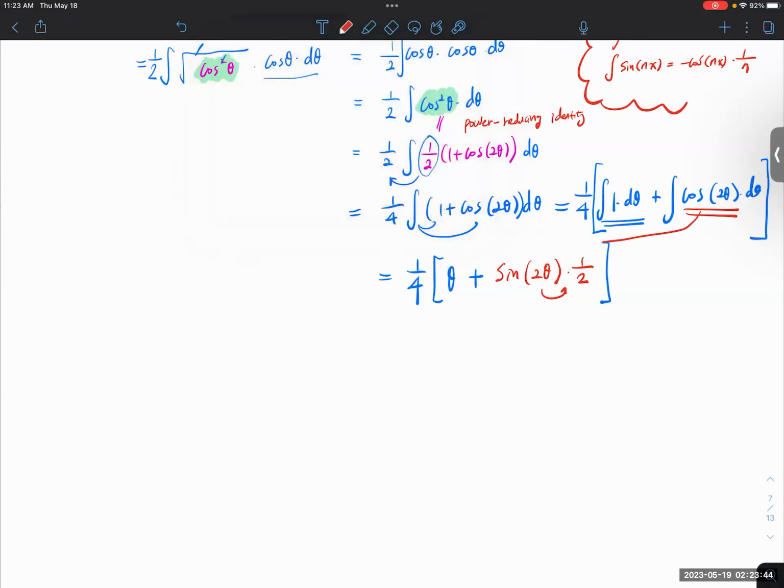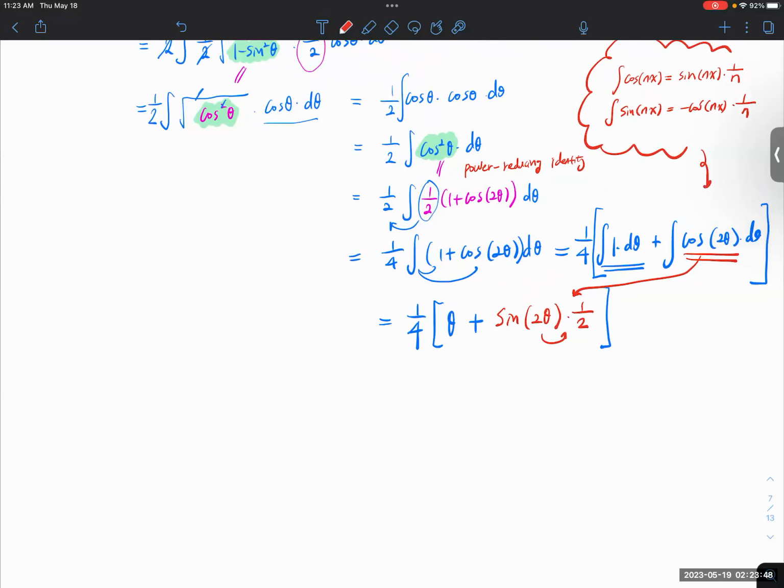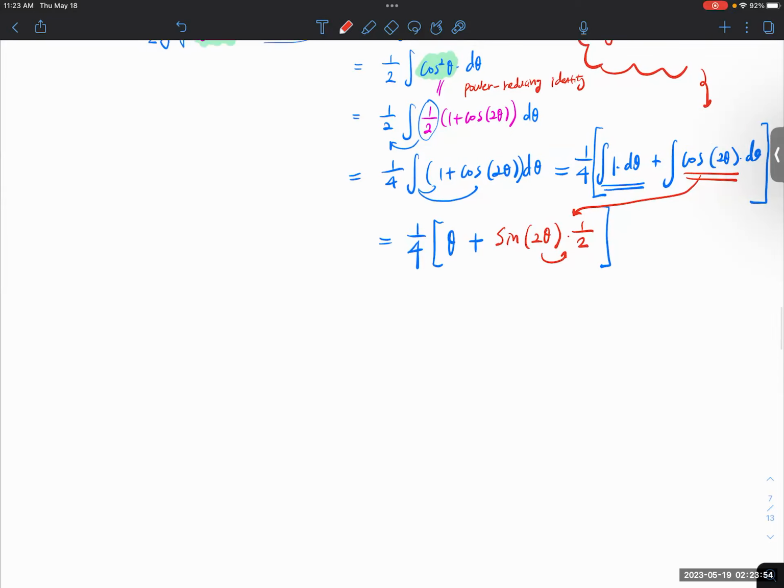If I just redo that, that's what happened because of this. So let me keep writing, simplify what I can do. So let's see. We have 1/4 theta plus 1/2 sine 2 theta and 1/2.